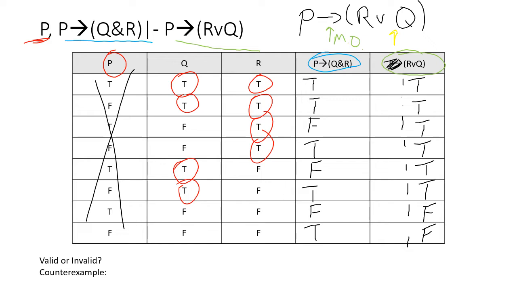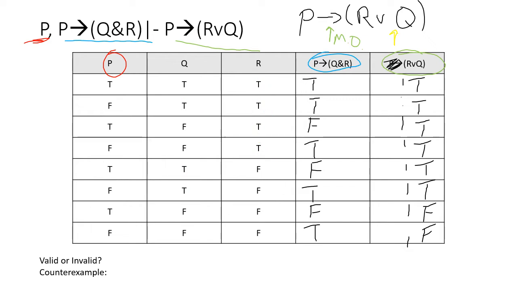The other ones, the bottom two, 7 and 8, both have falses as both disjuncts, so they will be false. Now, just like before, this will be our consequent, our right side of our arrow. This is going to be our left side.